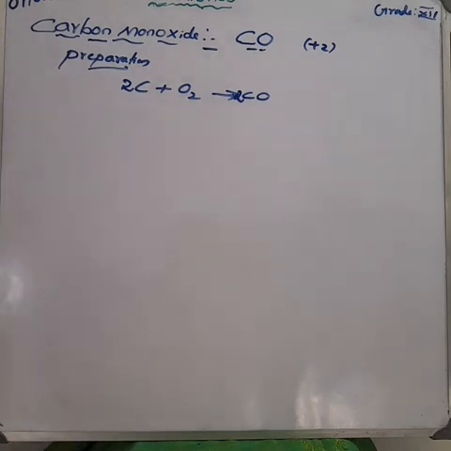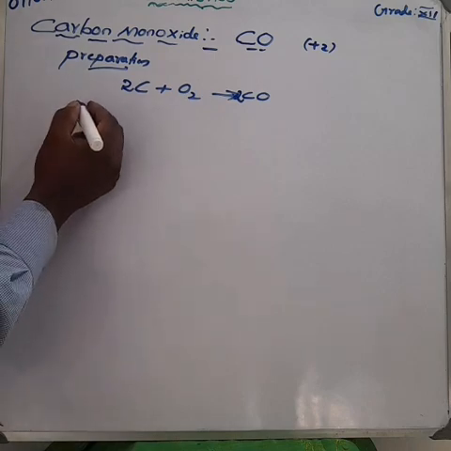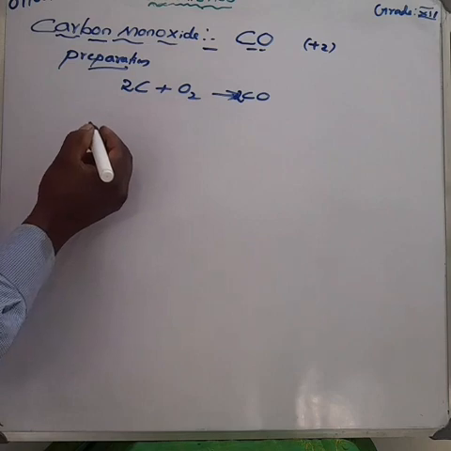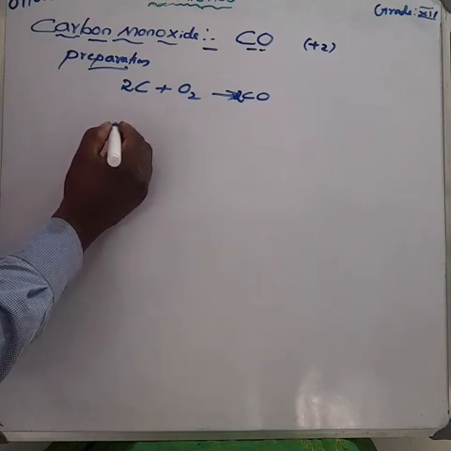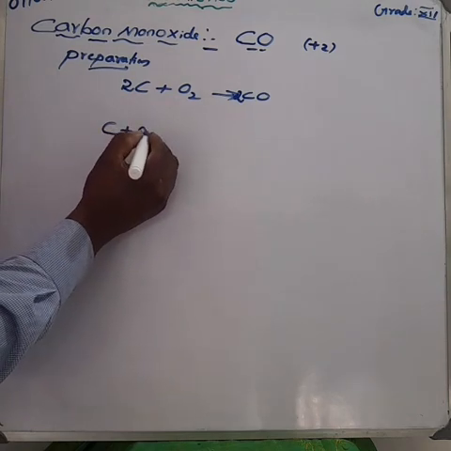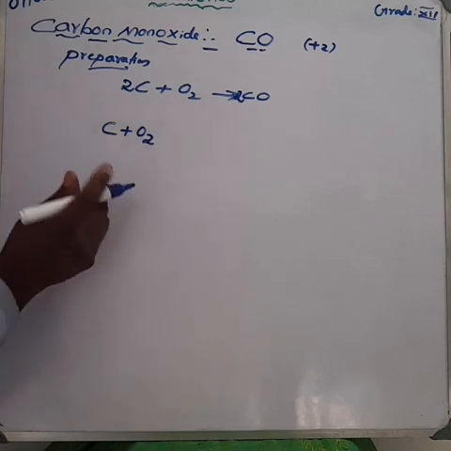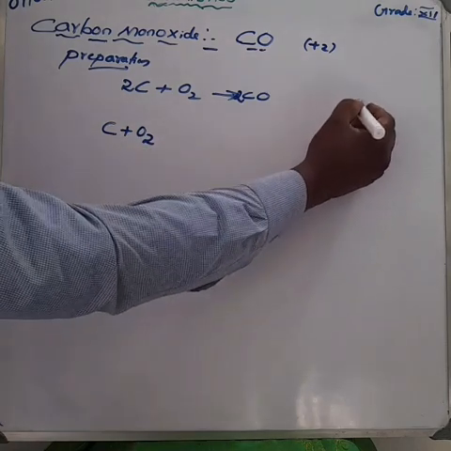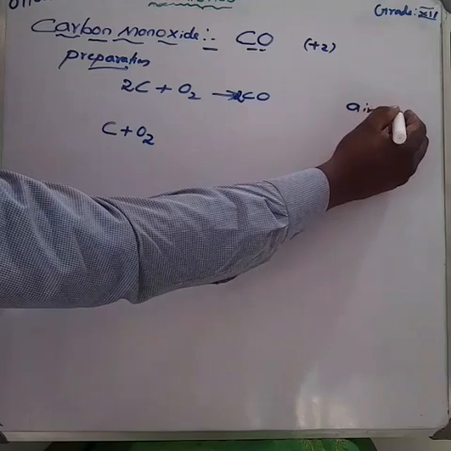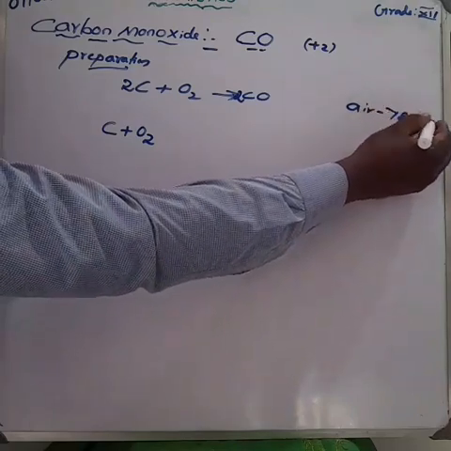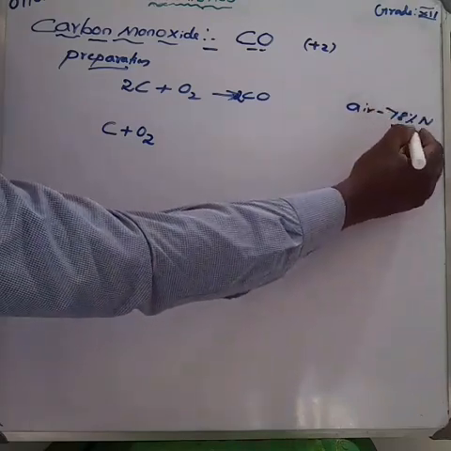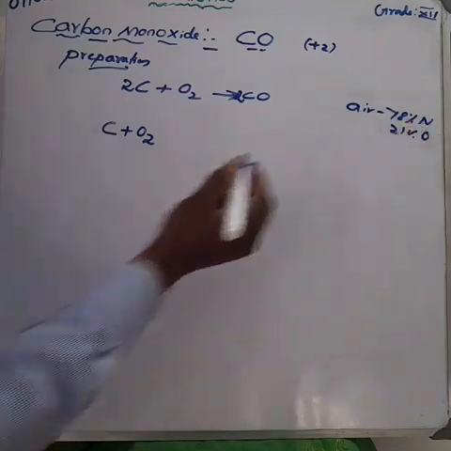How is carbon monoxide prepared industrially? Carbon reacts with the air, and we get carbon monoxide. But what is the composition of air? The air has 78% nitrogen and 21% oxygen, the remaining being inert gases, other gases and water vapor, etc. Right?